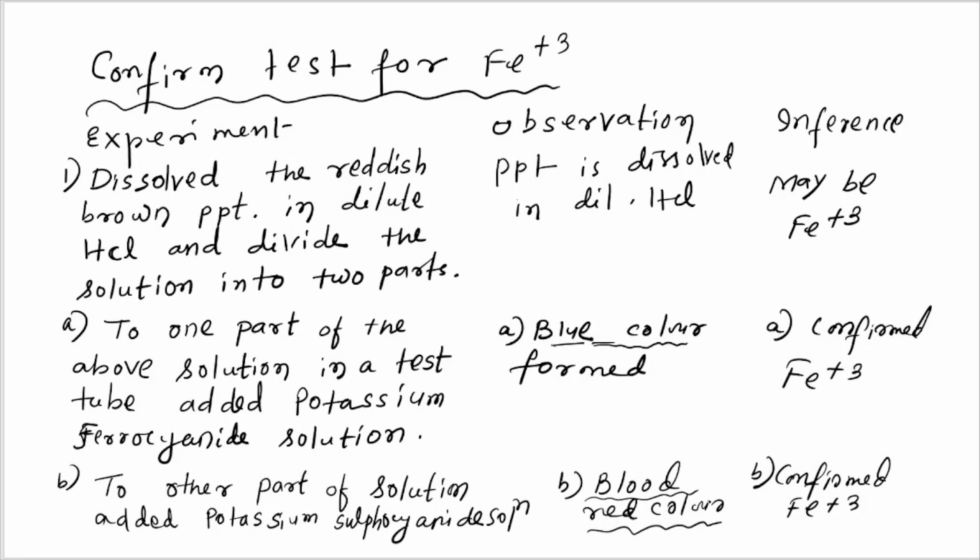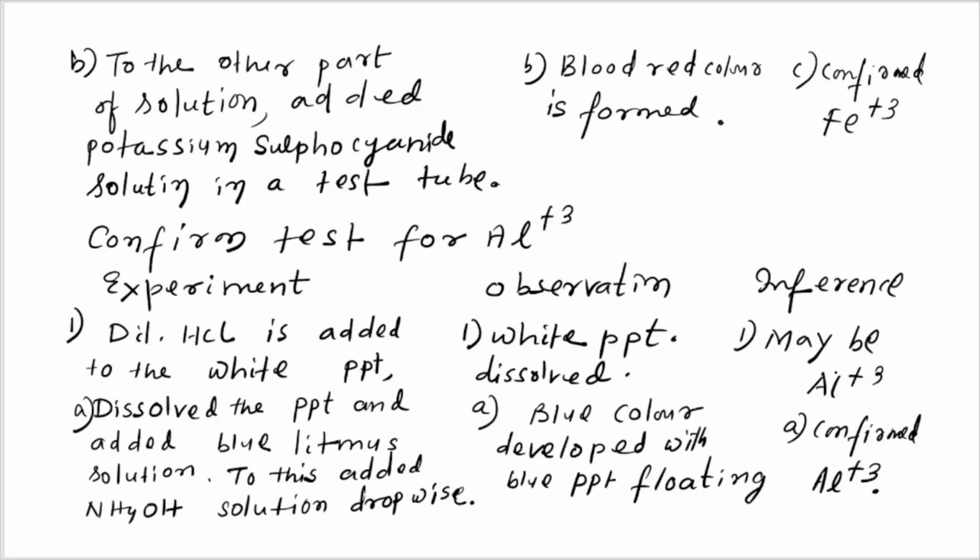If potassium ferrocyanide, that is blue color, that confirms Fe+3, and if it is potassium sulfocyanide, then blood red color. So very important, how can you confirm Fe+3 by 2 solutions? One is potassium ferrocyanide and the other is potassium sulfocyanide. Sulfocyanide gives blood red color.